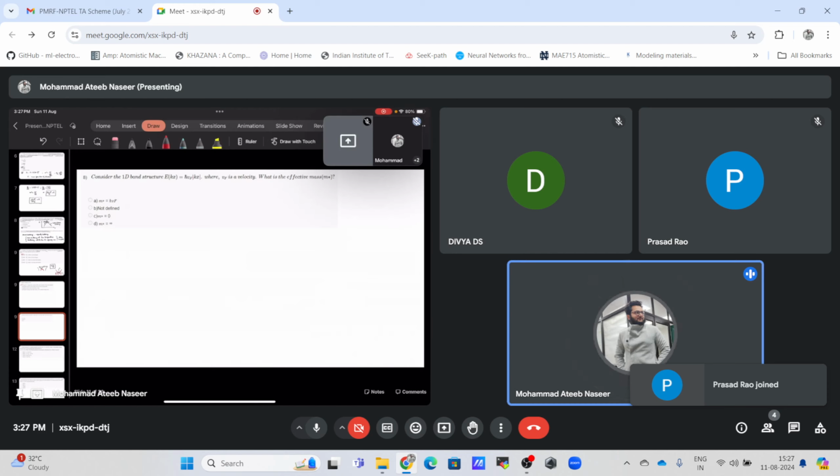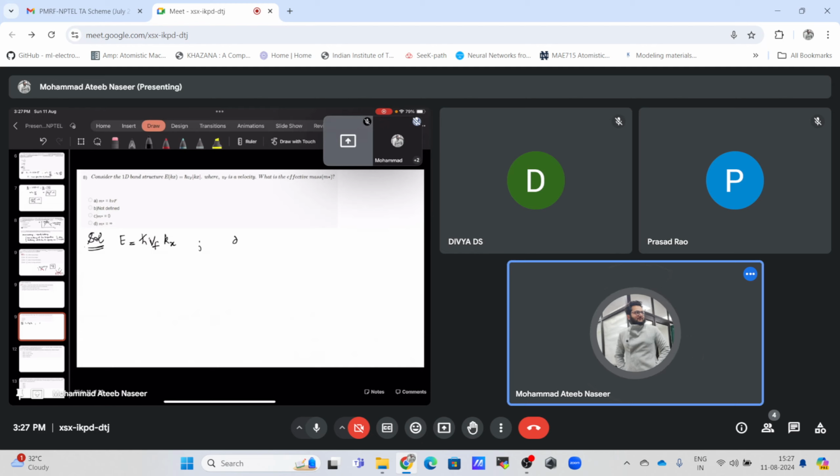Now another problem which says that we have to consider the 1D band structure which is given by h bar vF modulus of kx equals E. We have to find the effective mass for this.